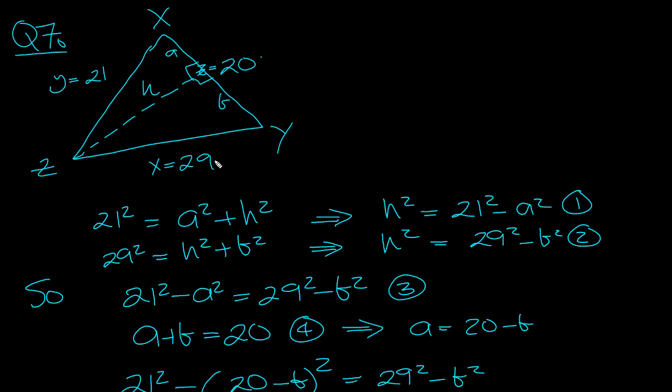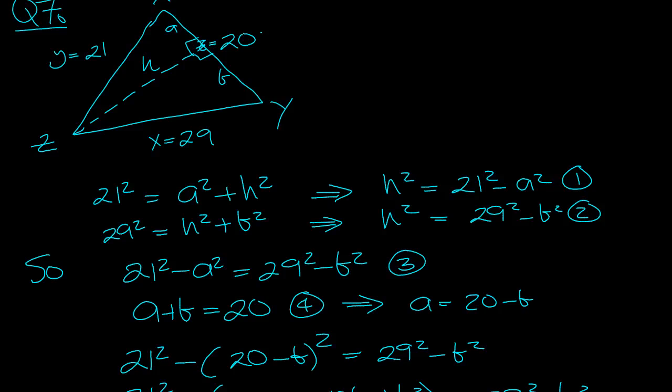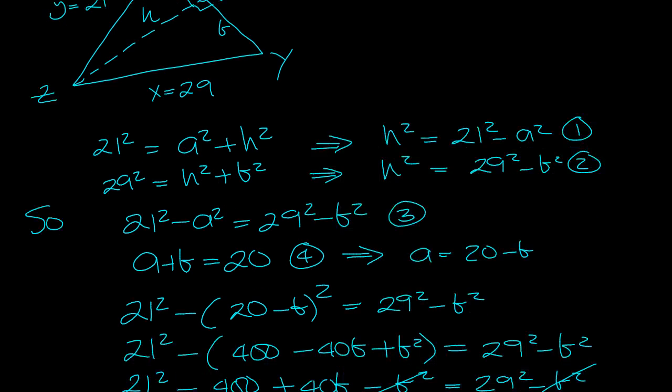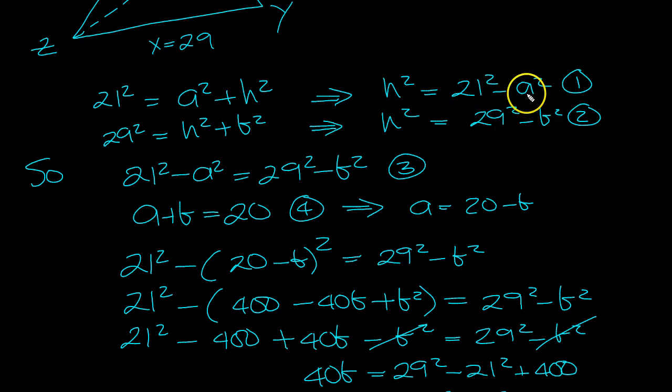29, 21, that's not quite right. Let's just check it then, see where we've gone wrong. 21 squared is A squared plus H squared, that's fine. Okay, 29 squared is H squared plus B squared, good. So then 21 squared minus A squared will equal 29 squared minus B squared, that looks good.